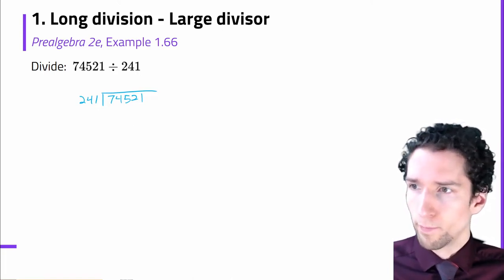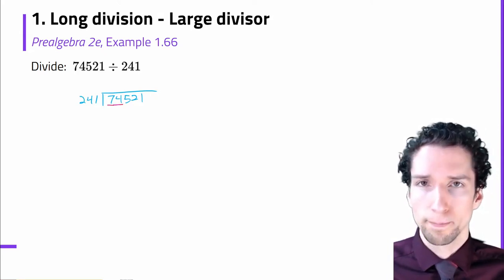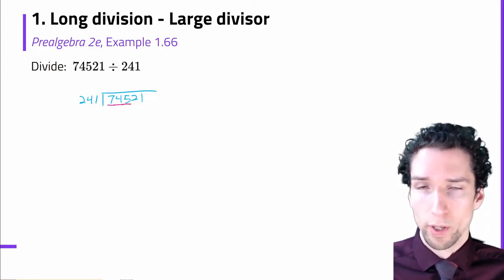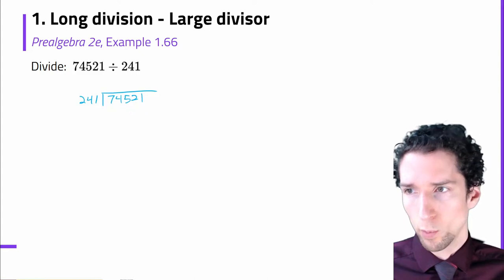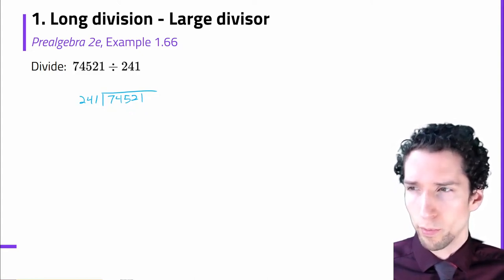Oh, all right. So 241 into 7, no, doesn't go. Into 74, also no, but 745, yes, that works. So how many times? Is it 2 or is it 3?